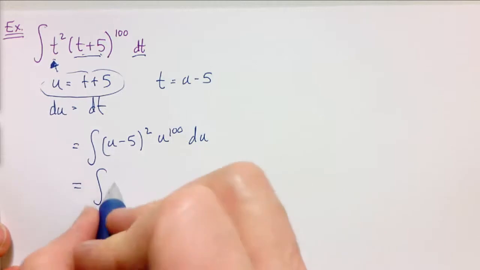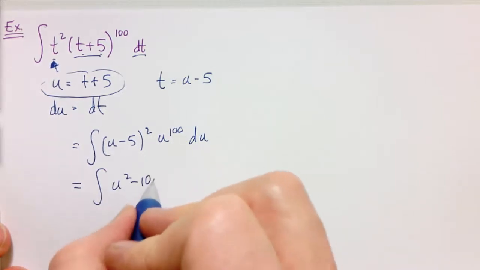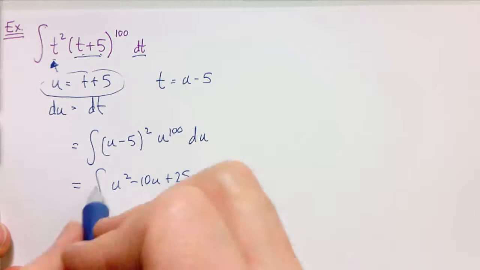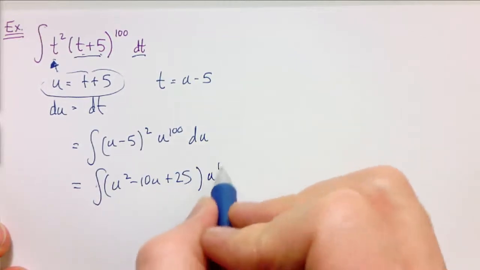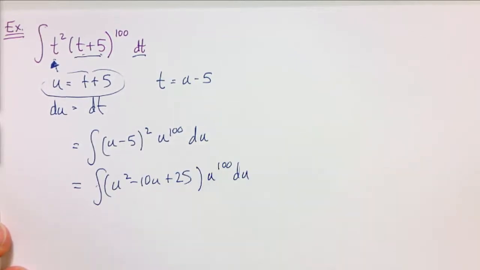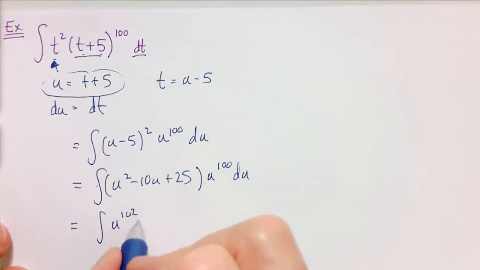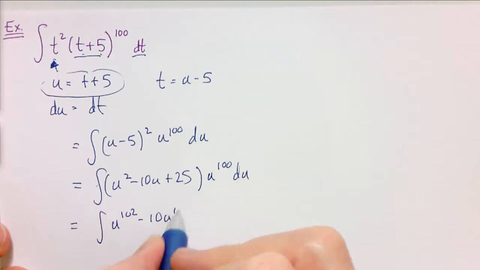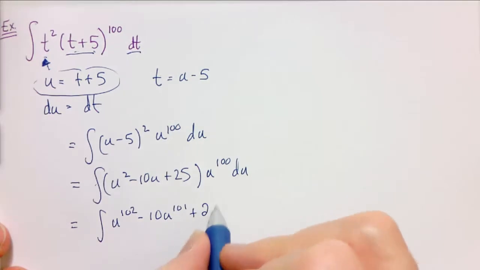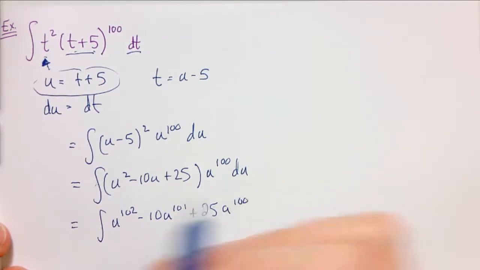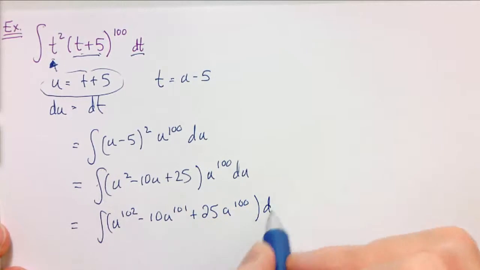Right? So what I'm going to do is multiply this out. Distribute the u to the 100 through. And then anti-differentiate.